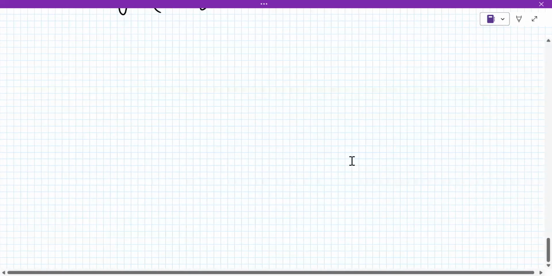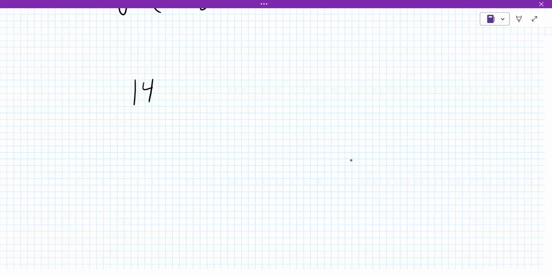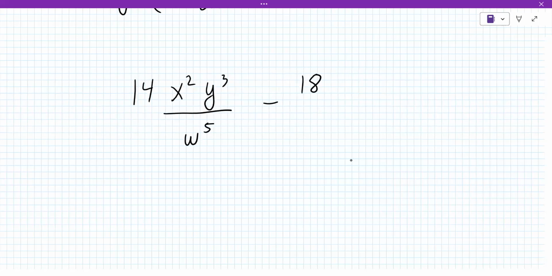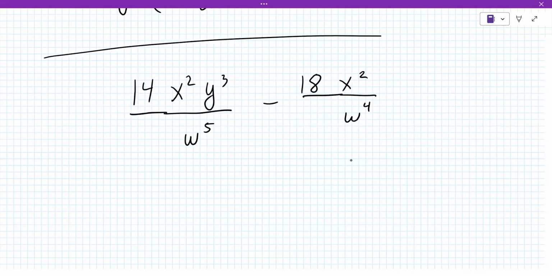Okay, now let's try another one here. Let's try 14x squared y cubed over w to the fifth minus 18x squared w to the fourth. So it's kind of a rinse and repeat here.